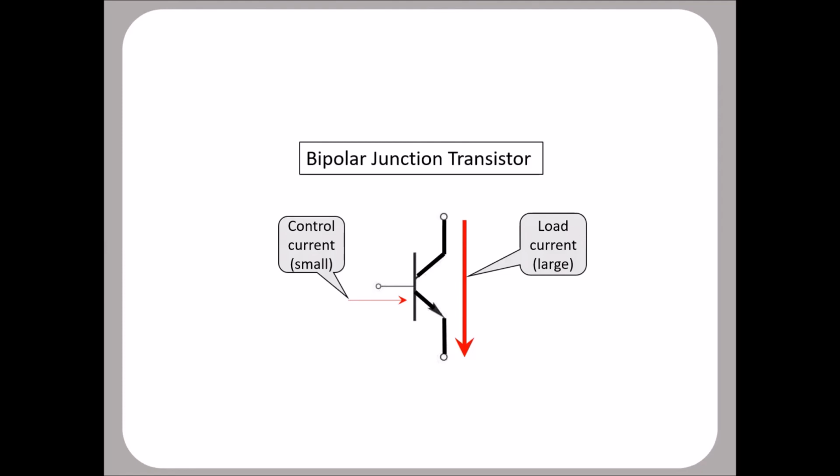You can see there are two big heavy-duty terminals, and that's where the main current flows. And there's a little one, it's a bit like a thyristor. By choosing the current that goes in through the small terminal called the base, you can alter the resistance between the other two terminals.